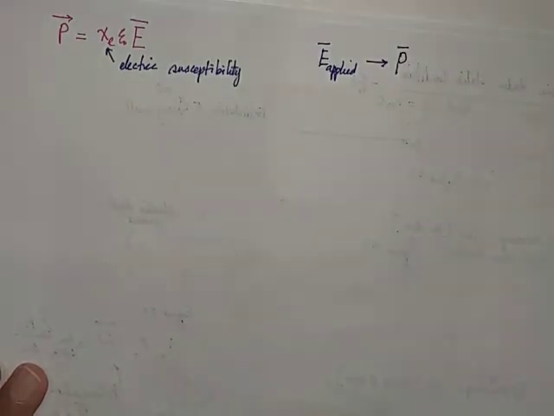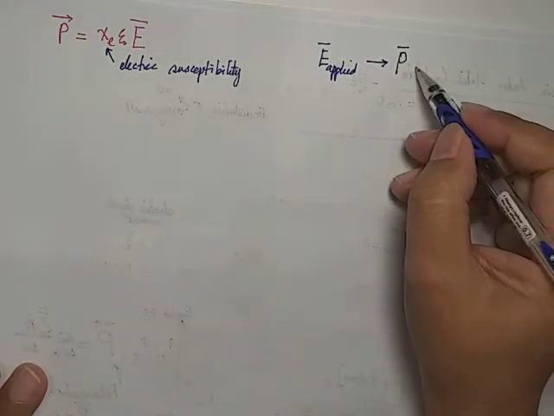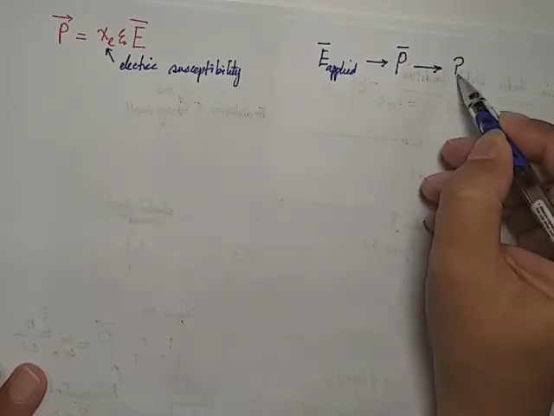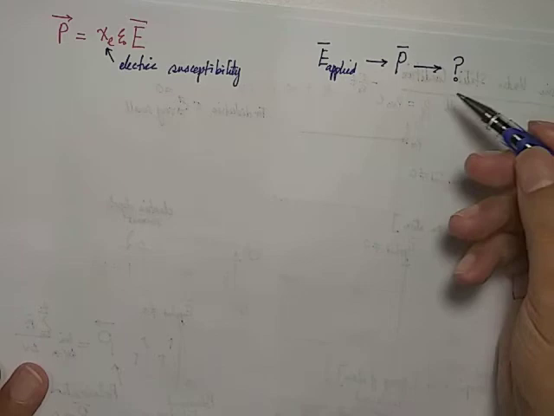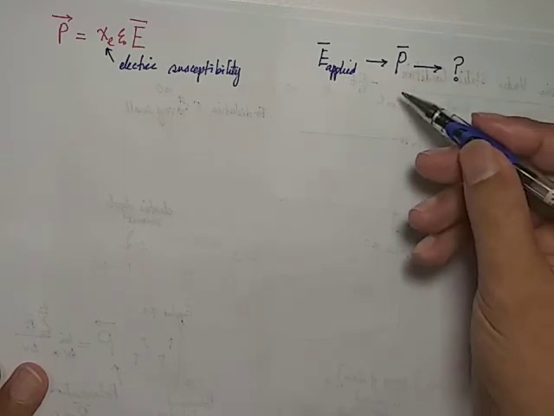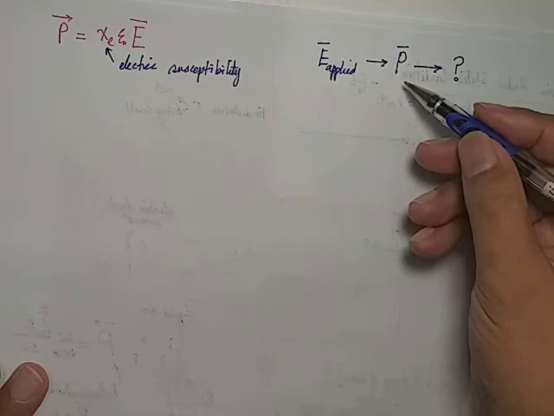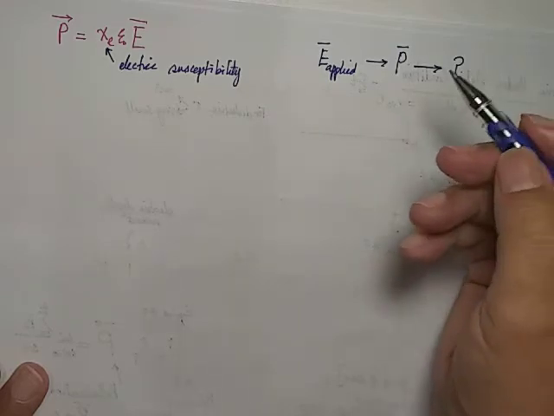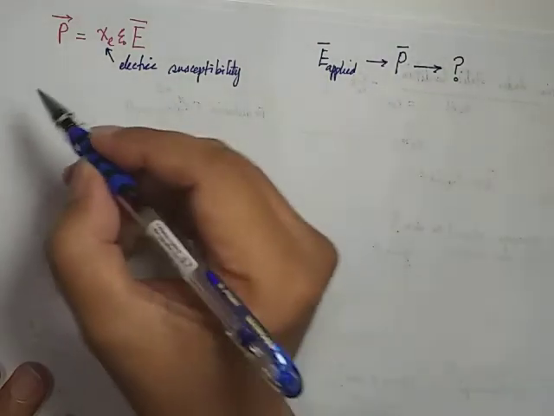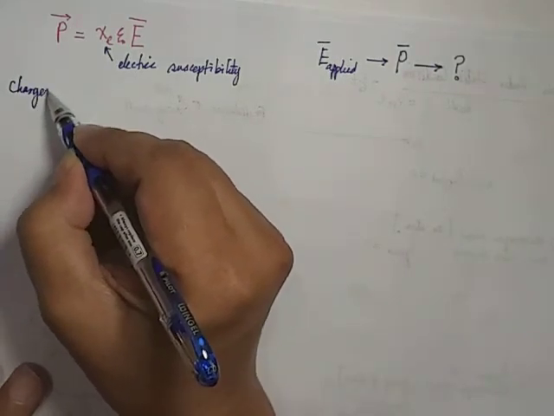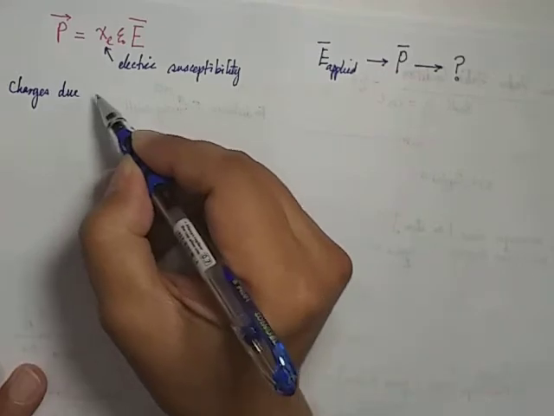Now what will be created by this appearance of the polarization vector? That should be the next issue of discussion. What's going to be created when you have a dielectric material being polarized? With that, I'm going to introduce to you the charges due to P.